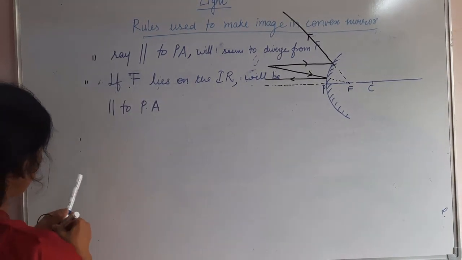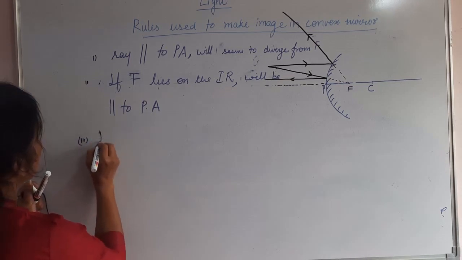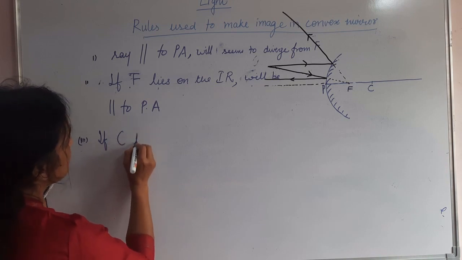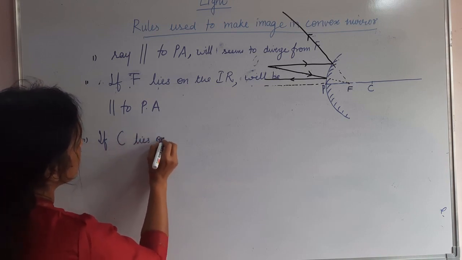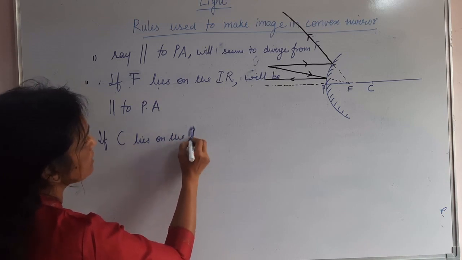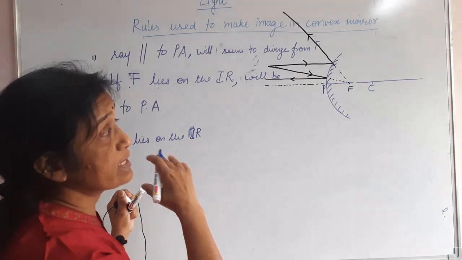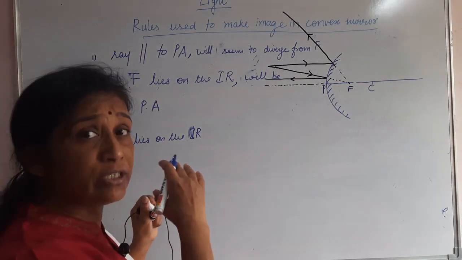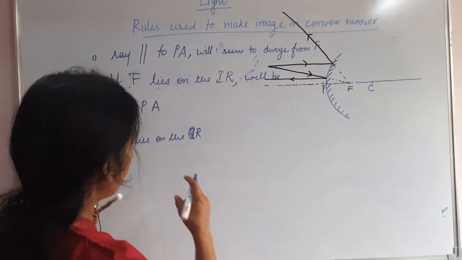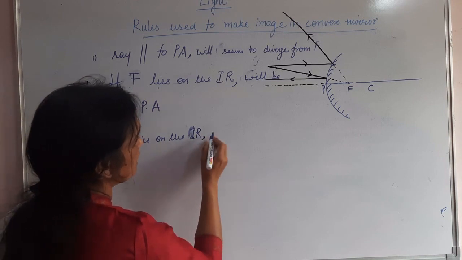The third is, if C lies on the incident ray. How does it lie? If you extend that incident ray and on extending it reaches point C, then we say that C lies on the incident ray.